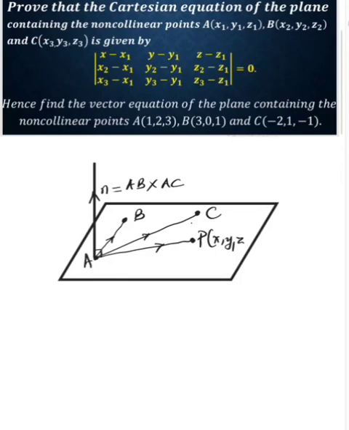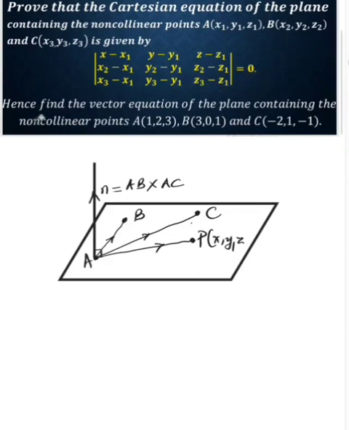I've decided to present it in the form of an exam question, and it says: prove that the Cartesian equation of the plane containing the non-collinear points A with coordinates x1, y1, z1, B with coordinates x2, y2, z2, and C with coordinates x3, y3, z3 is given by the determinant of the matrix with rows (x minus x1, y minus y1, z minus z1), (x2 minus x1, y2 minus y1, z2 minus z1), (x3 minus x1, y3 minus y1, z3 minus z1) equals 0.